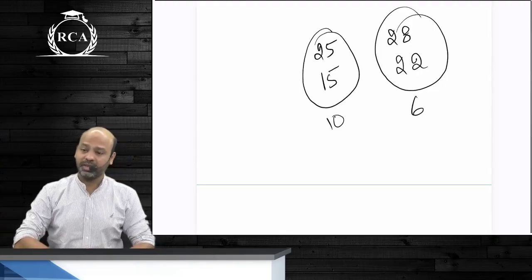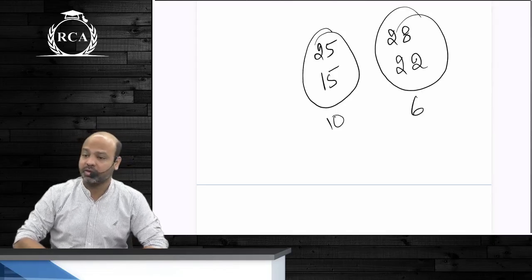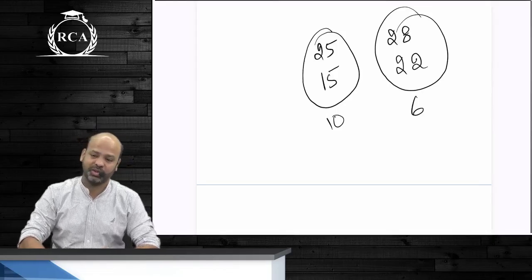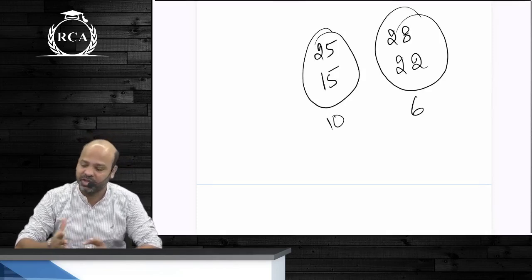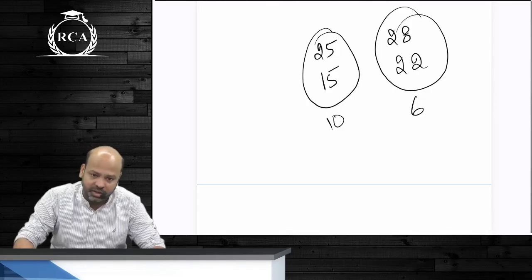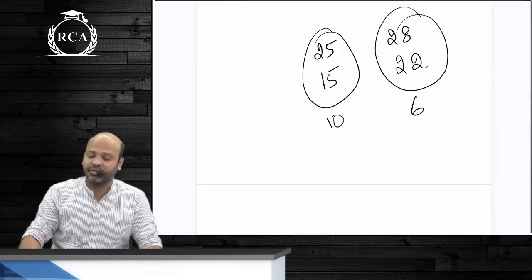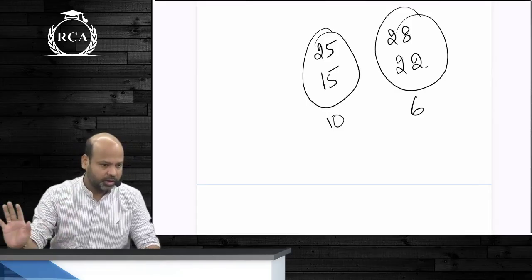Now, if an organization follows absorption costing, this cost per unit will be total cost per unit including fixed manufacturing overheads. If an organization follows marginal costing, this cost per unit should only be standard variable cost. It should not include fixed cost. Normal.